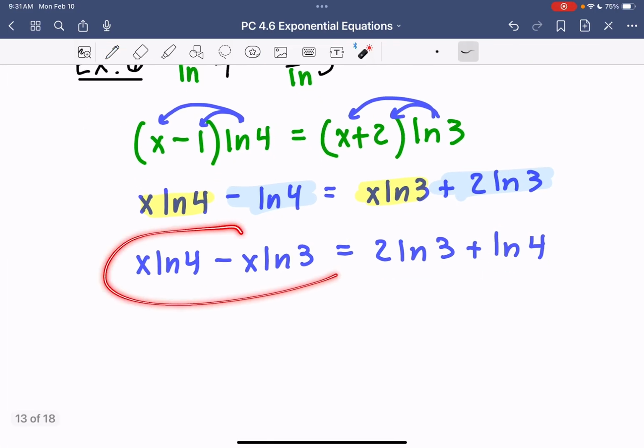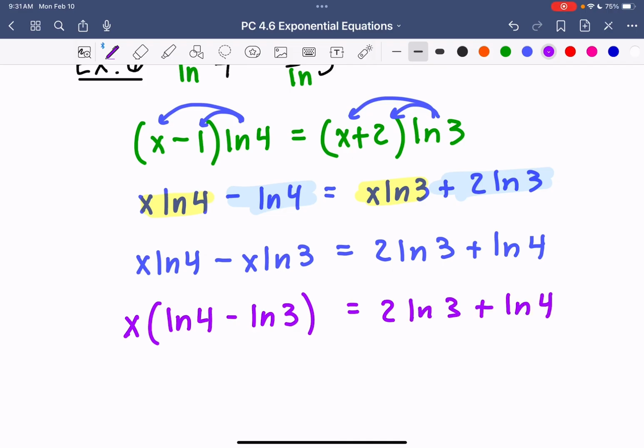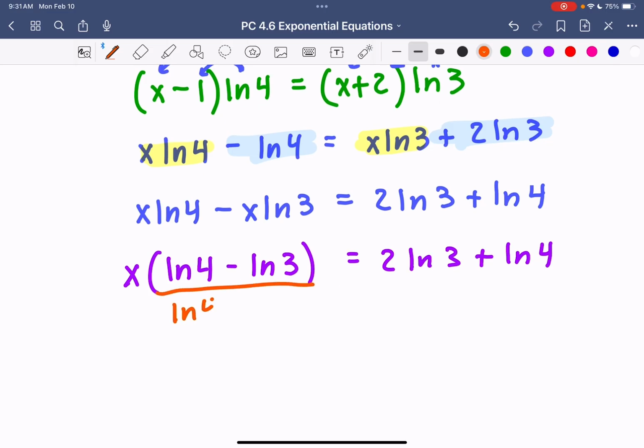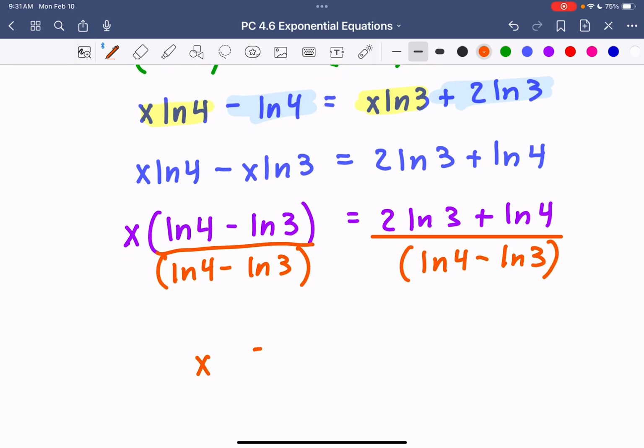So I've grouped my terms with the x, and we do our factoring trick, taking out our GCF of this x. Okay. So we get ln 4 minus ln 3. Last but not least, we get to divide by what x is being multiplied by, and write our final answer.